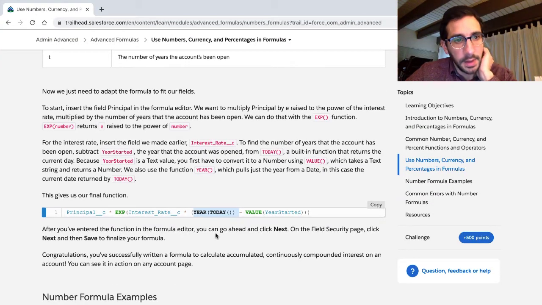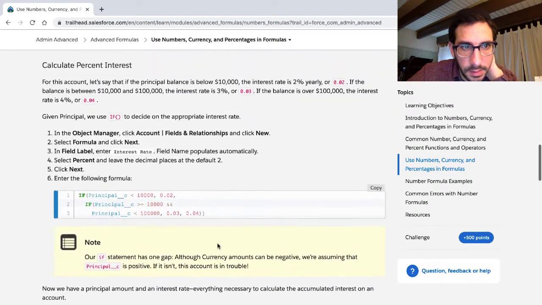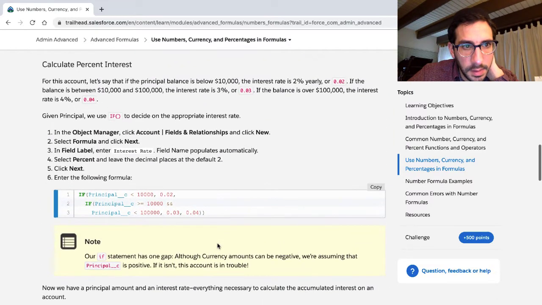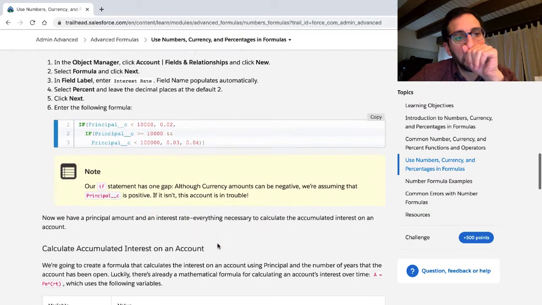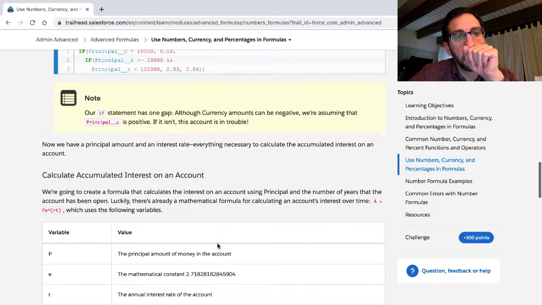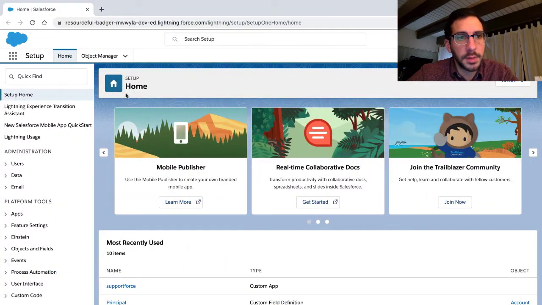I'm confused because I don't remember where I did this. Accounts on the account object, maybe.